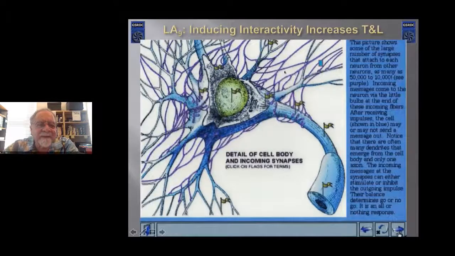The other learning aid was interactivity. Here's a detail of a neuron for the neural net. And every flag there is an interactive thing. They can click on it and get more information about that part, like the nucleus or the neurotubules that go down the axon and so on.